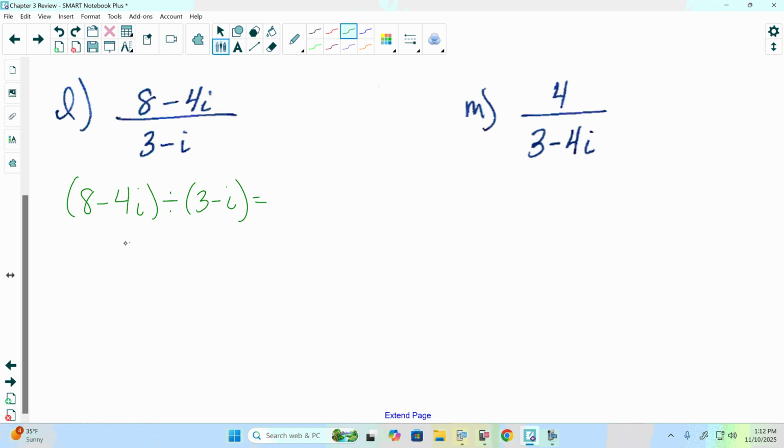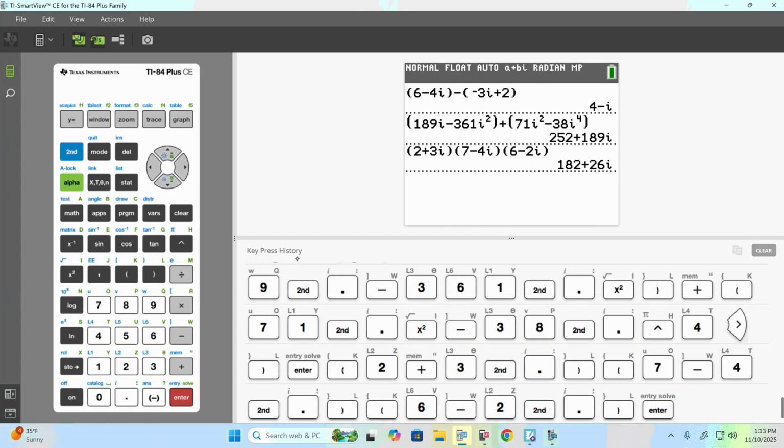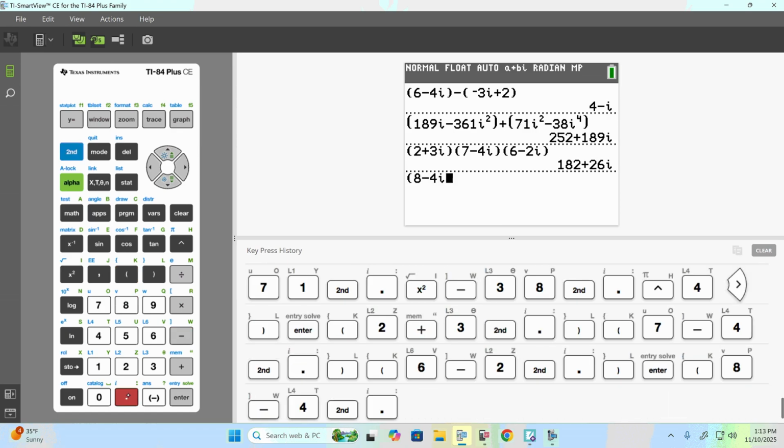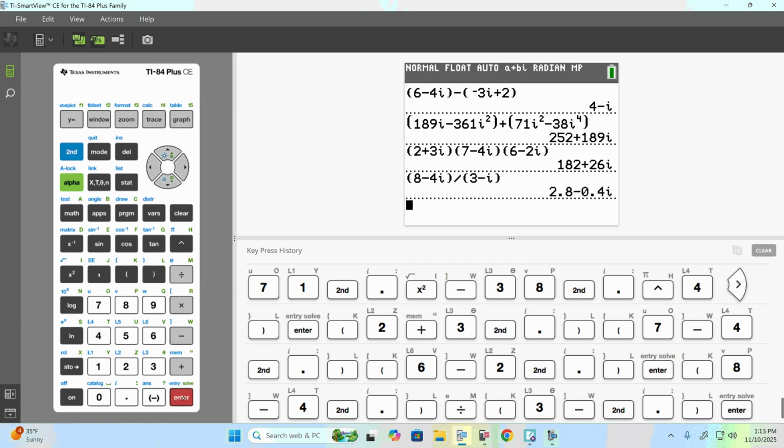After we get our answer, we're going to go math, enter, enter. So on the graphing calculator, we're going to put parentheses around the top, 8 minus 4i, divided by 3 minus i, enter. So it's going to give us 2.8 minus 0.4i.